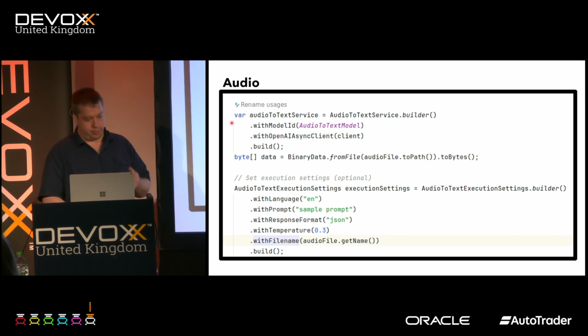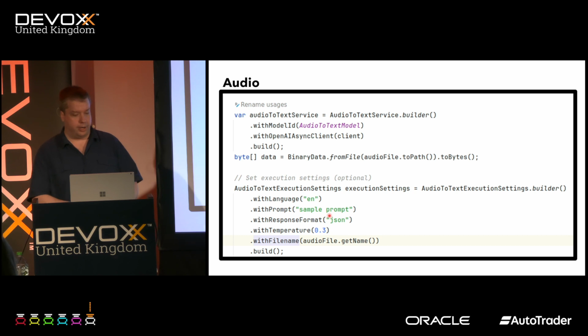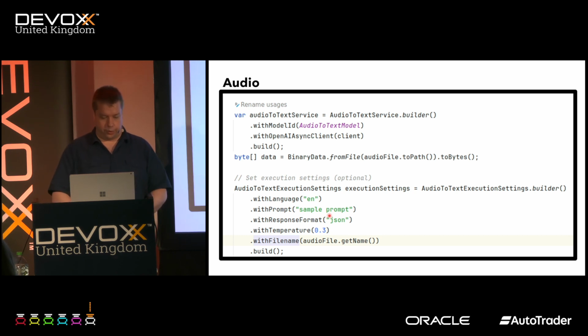So here we've got the example of creating our audio to text service, defining the model that we want to use. We've got a binary file here, so it'll be the MP3 or WAV, I can't remember. Create our execution settings, where we want this to be in English. You can then give it a sample prompt to give it some information about what the recording might be.